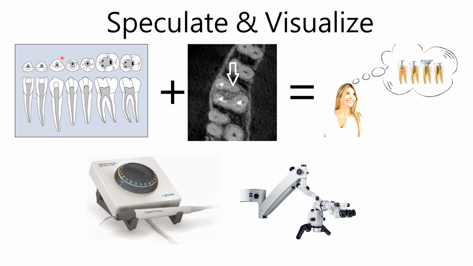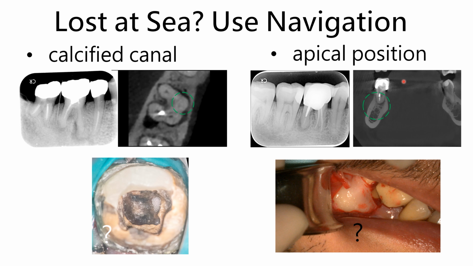So we have the information maybe from CBCT and maybe from the tooth anatomy, which we know, and we put the anatomy and the CBCT image together, and as dentists we use imagination about what I'm doing when I use the ultrasonic in the root canal under the microscope during endodontic treatment.